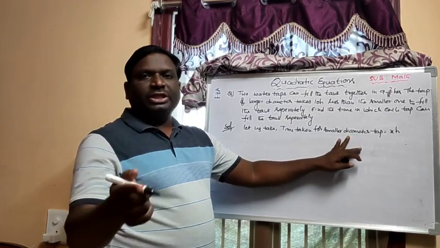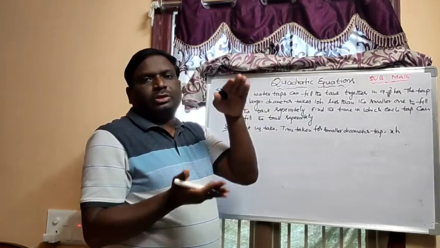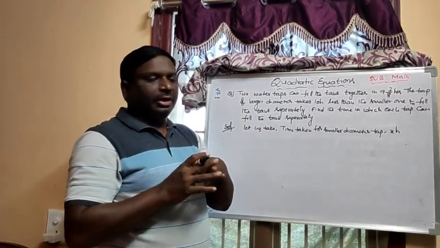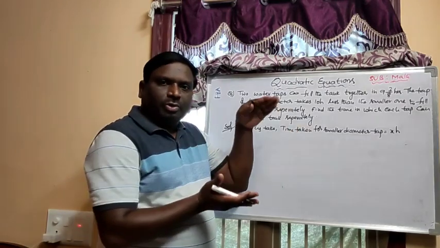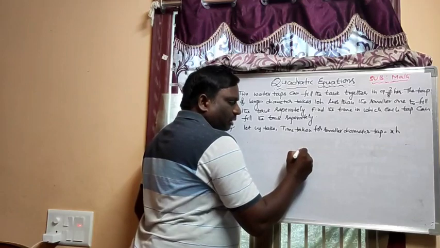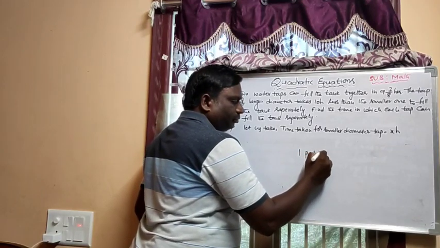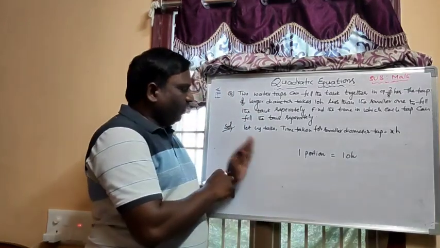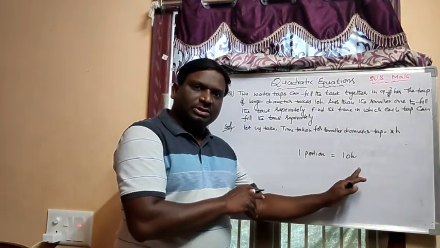Within 1 hour, how much portion should be filled? That is 1 by 10, because the total portion is 1, and the time taken to fill the total 1 portion is 10 hours.